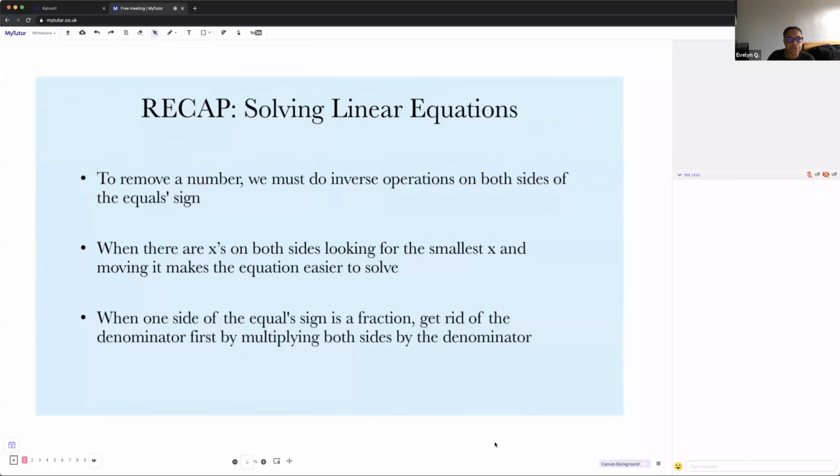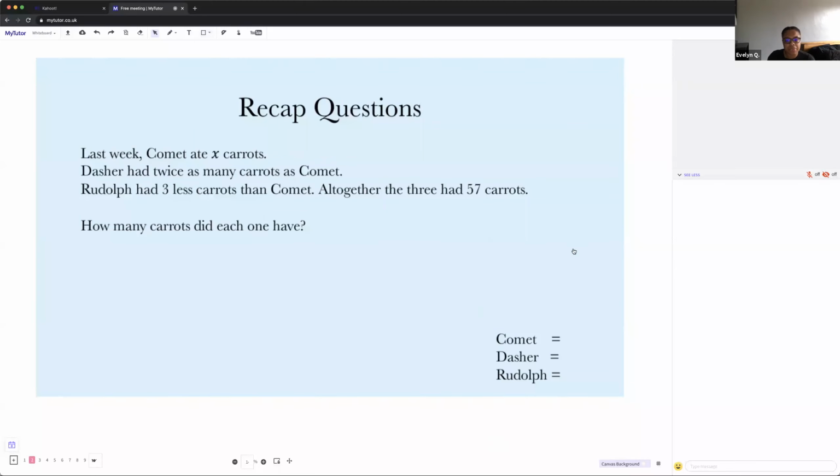So we're going to go through a quick recap question. This is similar to the problem solving question we went through yesterday. I would like everyone to have a read of it and then have a go at answering. Put your answers in the chat and not the Q&A. Leave the Q&A for any questions that you have.